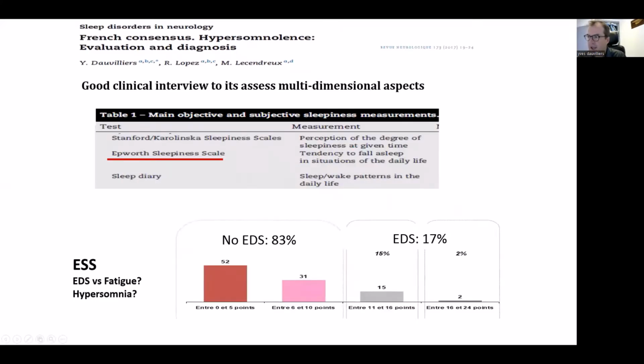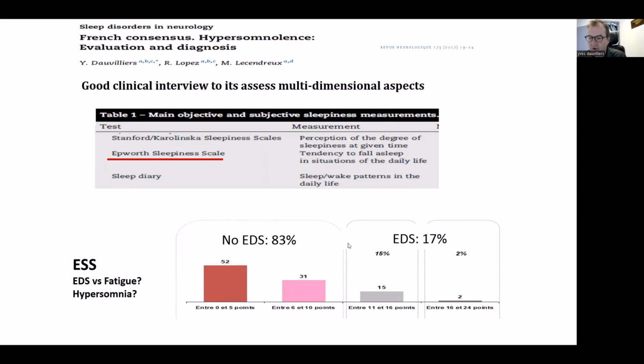You can be helped by questionnaires, but this is just the second step. The questionnaire cannot really propose a diagnosis of presence or not of symptoms, and we use the Epworth Sleepiness Scale a lot worldwide. If we assess with a cutoff, the cutoff is mainly above 11, which is 17% of the general population, in France, and 2% have above 16, so severe subjects.